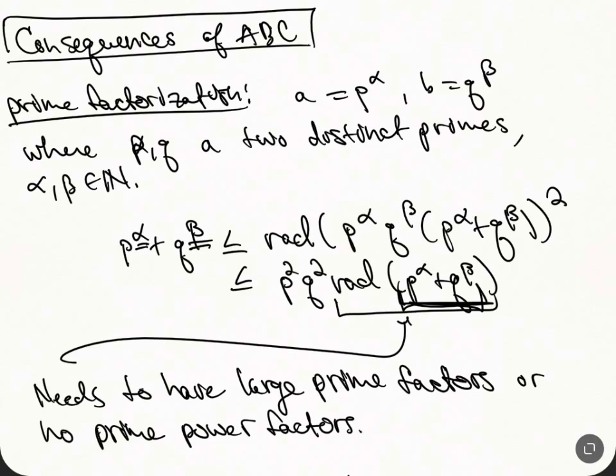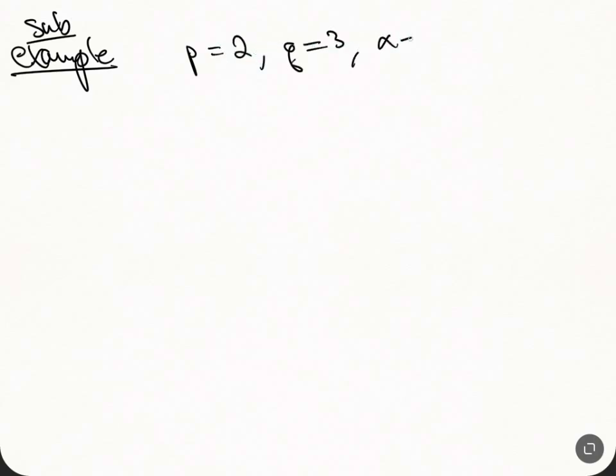Okay, and I have an explicit example, a sub-example I guess. In this sub-example, we took p equal to 2, q equal to 3, alpha equal to beta equal to 10.